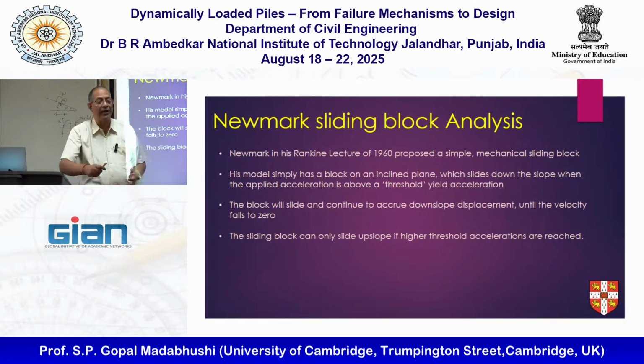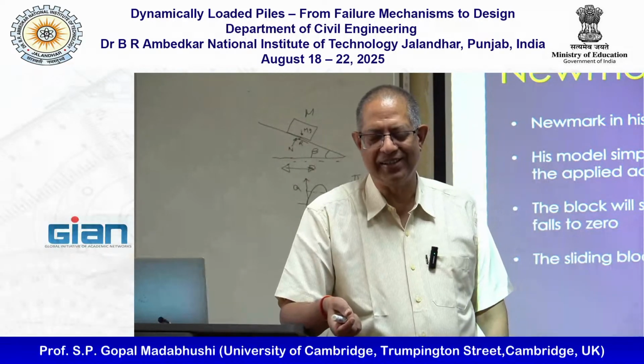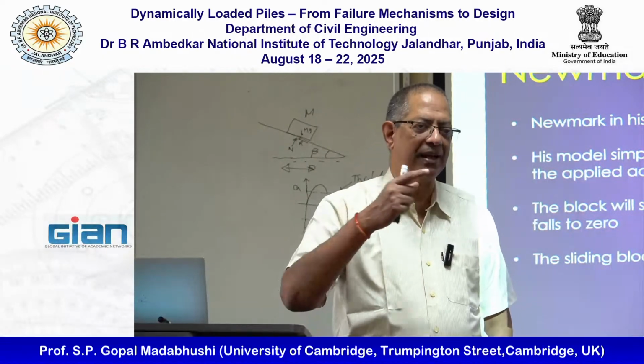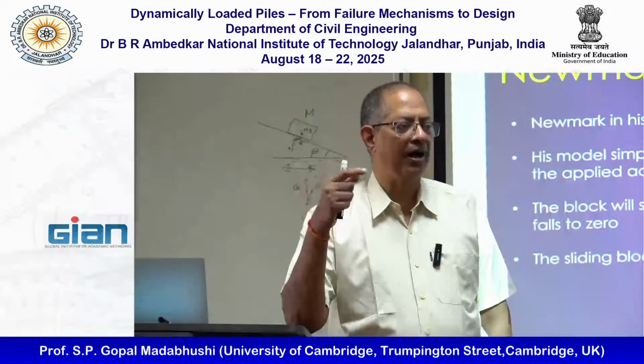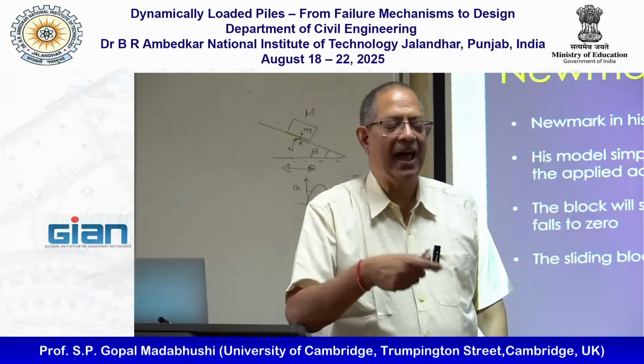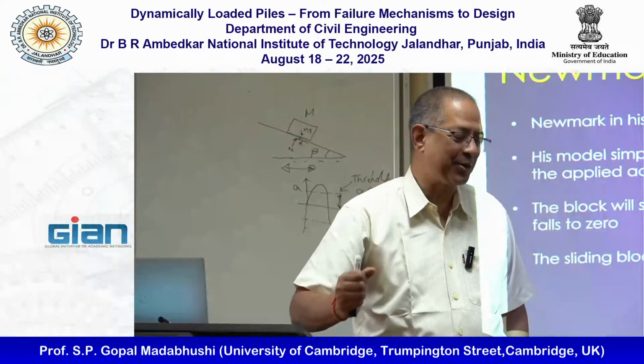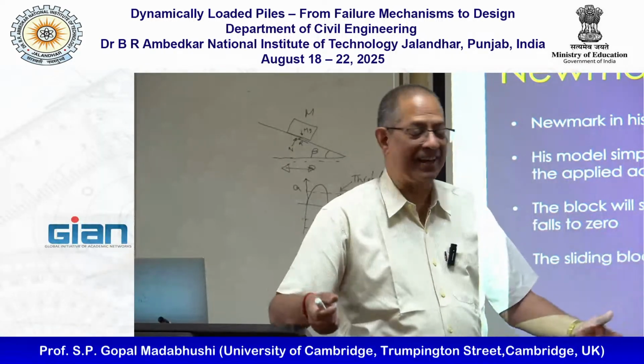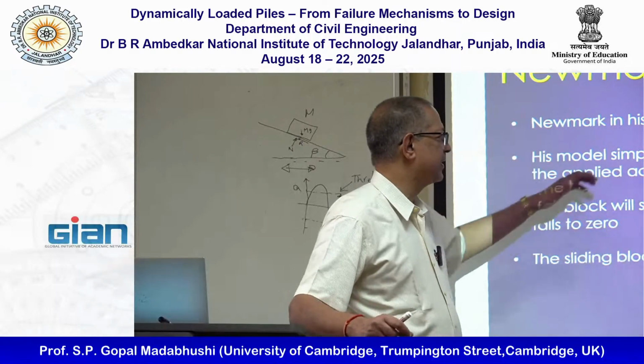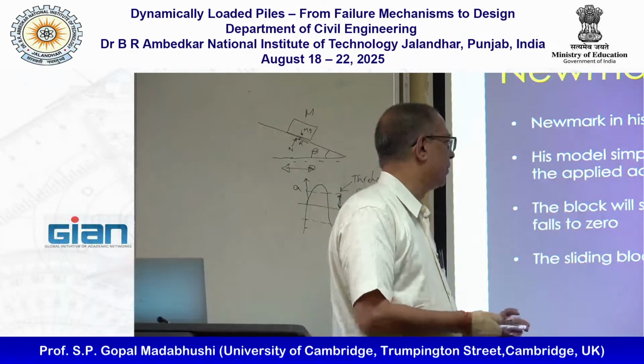At that time, it was quite important for people in Berkeley, because they had San Fernando Dam and lots of other dams all around. The upper and lower San Fernando dams had some damage during earthquakes, and he thought this is an important topic to address in a big lecture like the Rankine lecture. So that's what he's done.